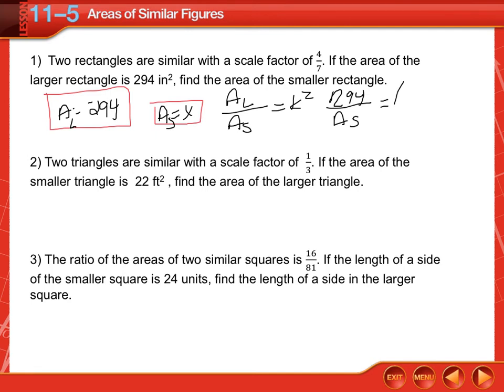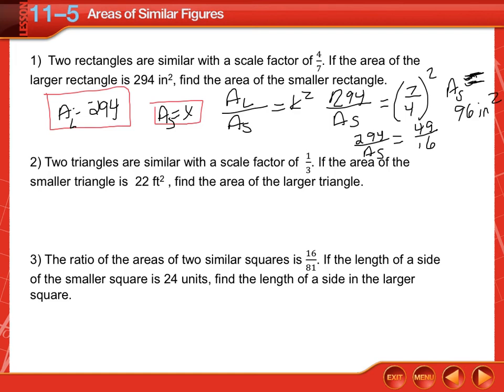So I am going to take the reciprocal of 4/7 and put 7 here on the numerator because I have to make sure I'm consistent. So 294 divided by the area of the smaller equals 49 over 16. If I cross multiply and solve, the area of the smaller rectangle turns out to be 96, actually not approximately, I think it's actually exact, is 96 square inches.